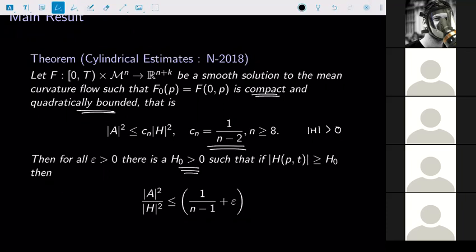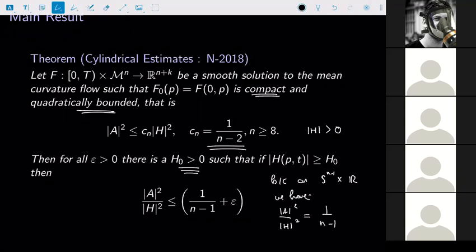Okay, so that's a cylindrical estimate, and it's called a cylindrical estimate because on S^(n-1) cross R, we have that |A|^2 divided by H^2 is equal to 1 on n minus 1.